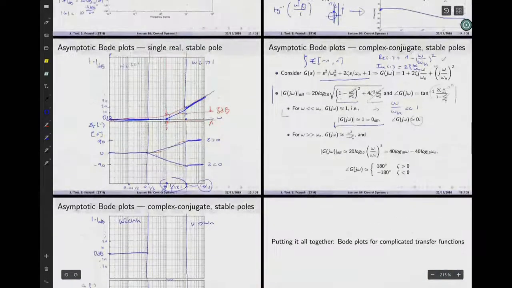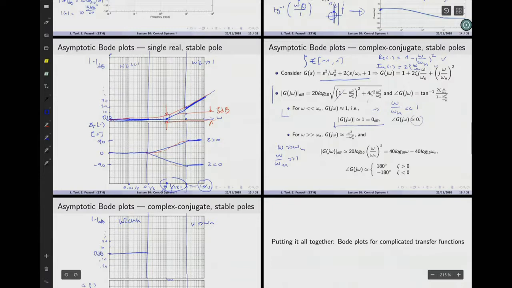Well, let's look at this a little bit more carefully. So if omega is much bigger than omega n, this means that omega over omega n is much, much bigger than 1. So let's go back to our definitions here of magnitudes and phases. So if omega over omega n is much, much bigger than 1, it means that 1 is negligible with respect to omega over omega n, right?